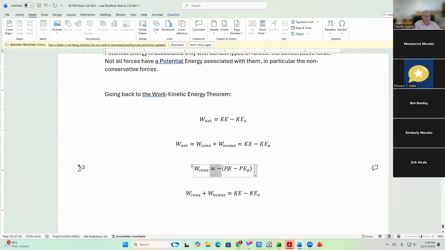That's what it is. Okay, and then what we end up getting is a plus sign for the initial potential energy and a minus sign for the final potential energy. Here you go: a minus sign for the final potential energy and a plus sign for the initial potential energy.